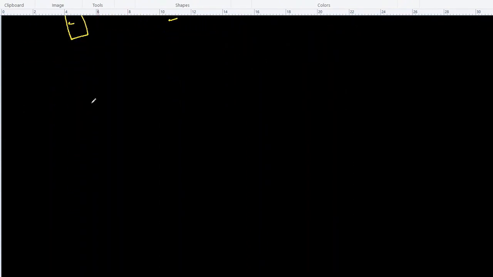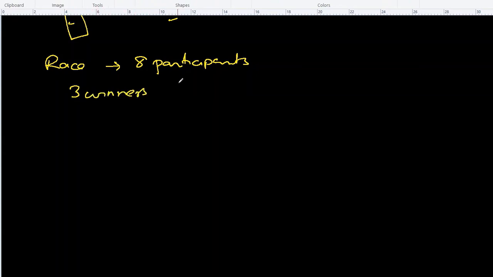Now, what other kind of questions can be set up like this? Another question could be that there is a race in which 8 participants are running. There will be 3 winners. They will get the positions 1, 2 and 3. Since the position is different, if runner number 7 gets the first position or third position, it's a different situation.